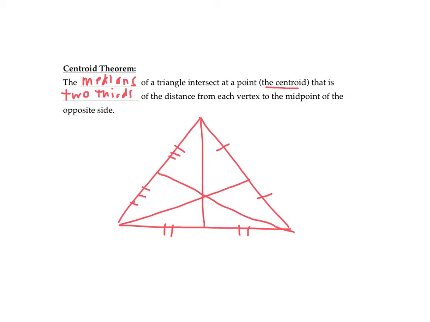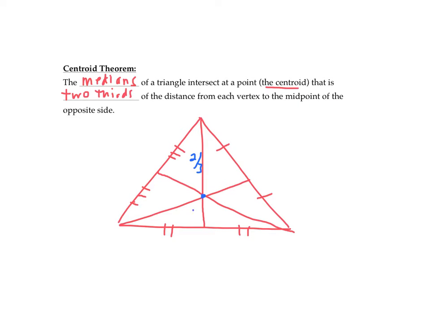So what the centroid theorem says is that when these medians meet at this centroid, this single point in the middle of the triangle, then this centroid is 2/3 the distance from the vertex to the midpoint of the opposite side.